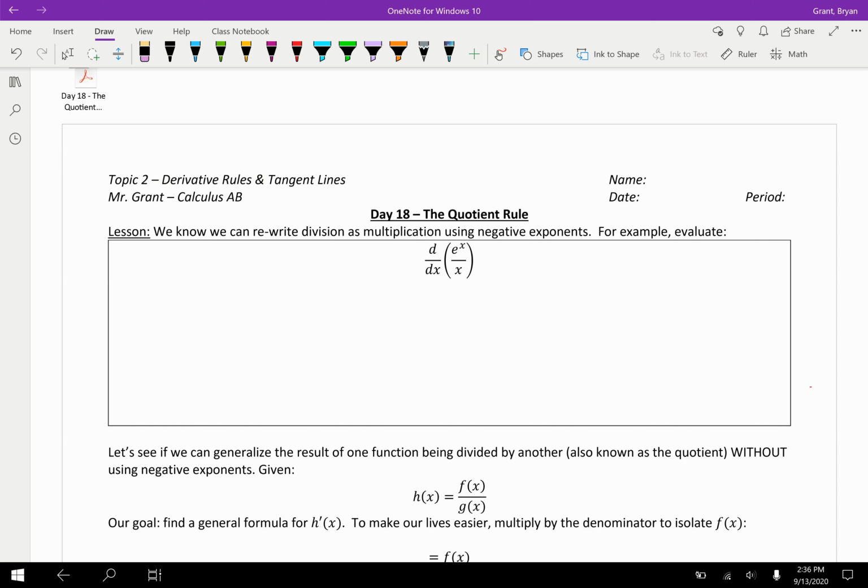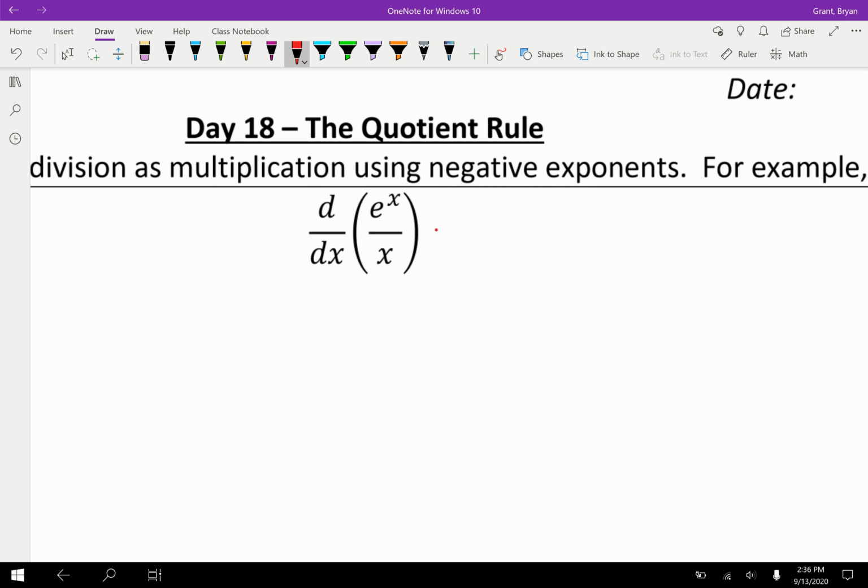So let's begin. We know that we can rewrite division as multiplication using negative exponents. Looking at this, if we saw d dx of e to the x divided by x, one thing we know for sure is that we are not allowed to just take the derivative of e to the x and the derivative of x.